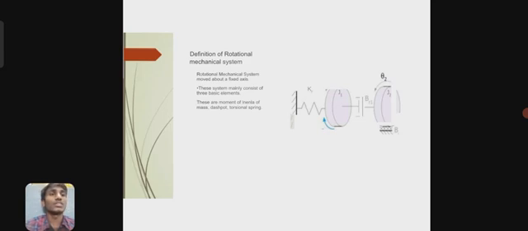Coming to the definition of a rotational mechanical system: it moves about a fixed axis, and the system mainly consists of three basic elements. The basic elements are mass, dashpot and torsional spring. So here you can see the example body which experiences rotation when we apply a rotational torque, moving around the axis, clockwise or anti-clockwise.